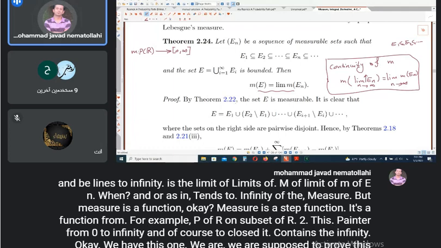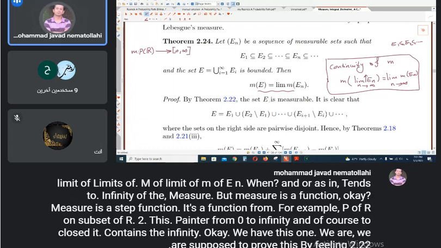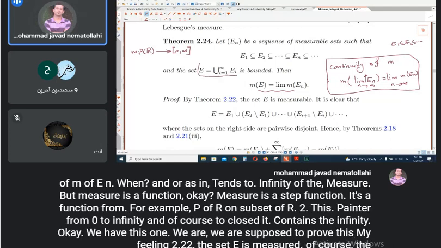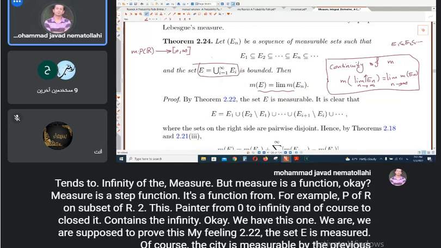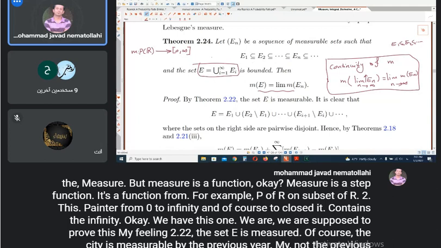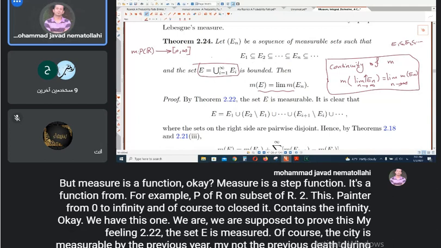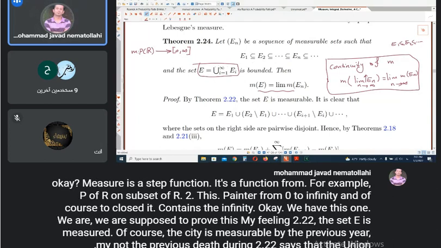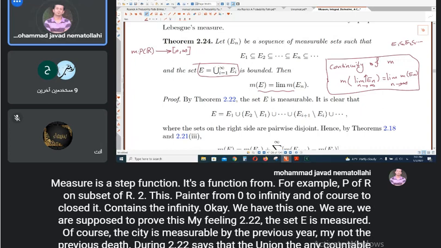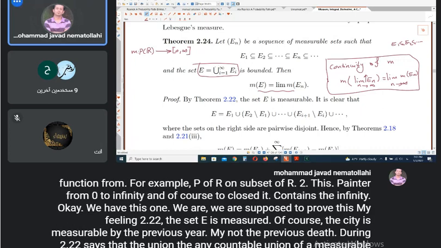By theorem 2.22, the set E is measurable. Of course, the set E is measurable by the previous theorem. Theorem 2.22 says that any countable union of measurable sets is measurable.